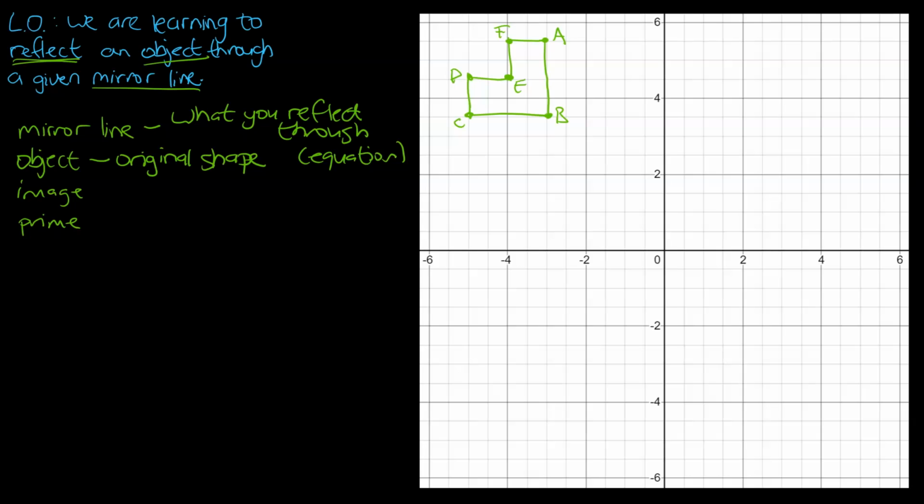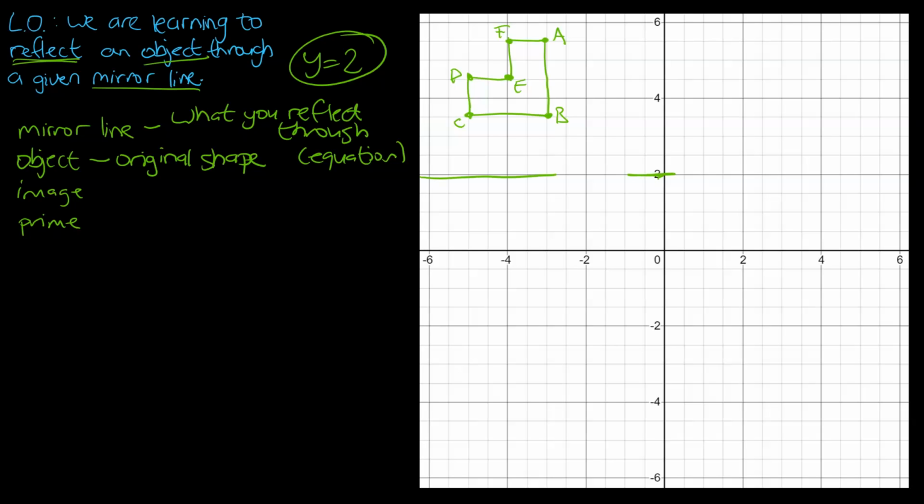So let's say our mirror line is the equation y equals 2. Hopefully you remember our special lines work from our previous topic. What that means is we need to draw our mirror line. What I remember is when it's y, we need to look at the y-axis and 2 along there.